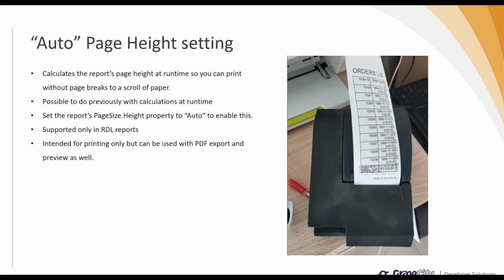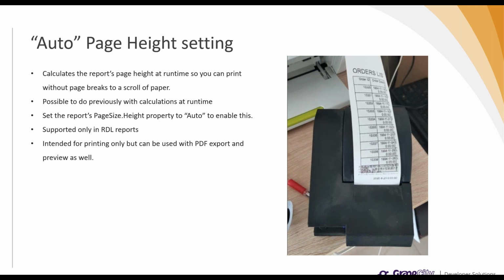So it's specific to RDL reports. It's intended for printing purposes, obviously, for printing receipts on scrolls of paper, but it can also be used in preview and in PDF export as well.